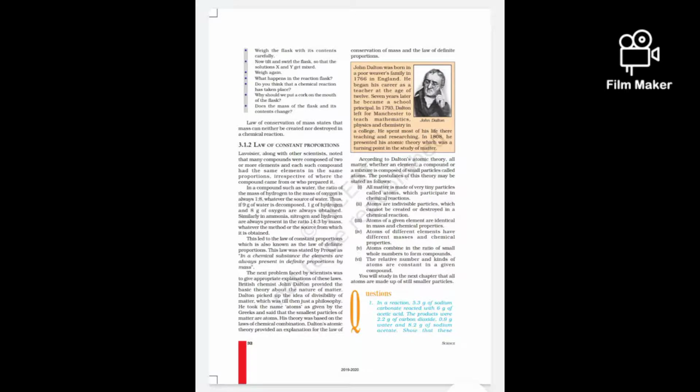Though having these merits, the theory also has demerits. That is, the major demerits of Dalton's atomic theory are: the atom is no longer considered as the smallest indivisible particle.